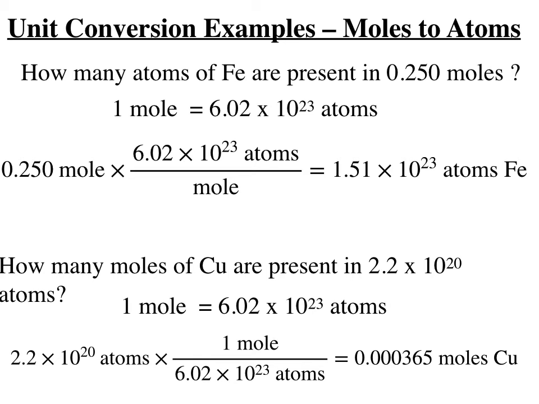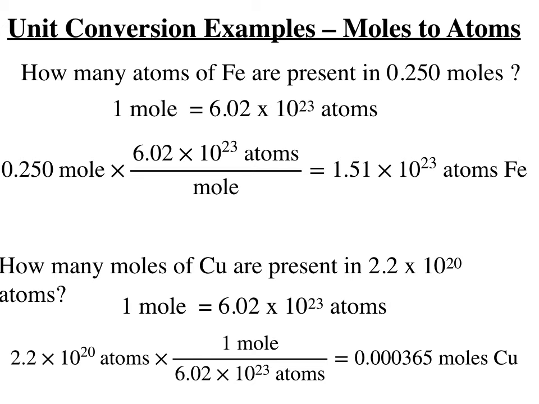Remember, as I talked about way back when we did dimensional analysis, when you type into your calculator 2.2 times 10 to the 20 divided by 6.02 times 10 caret 23, your calculator does not understand what you are doing there unless you group the entire 6.02 times 10 to the 23rd in parentheses. That is the only way to ensure you will be dividing the numbers together.